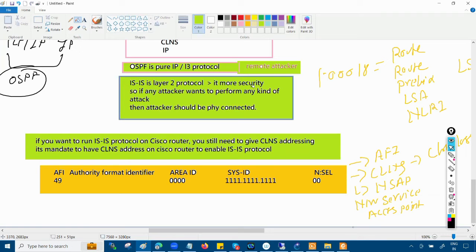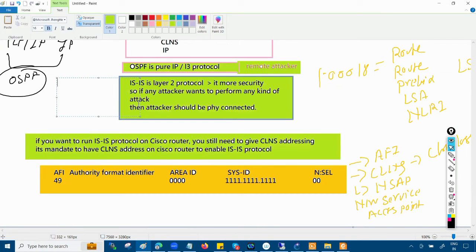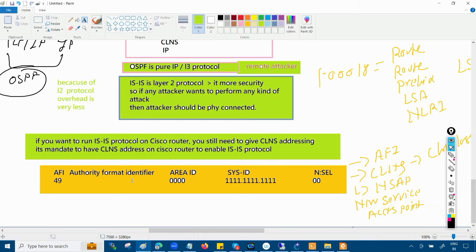A remotely connected attacker cannot attack ISIS, as it's a layer 2 protocol. Overhead is also very low because it's a layer 2 protocol. You can compare the same thing with MPLS, which is a layer 2 protocol, so less overhead happens on the Cisco router side. These are the CLNS addresses.